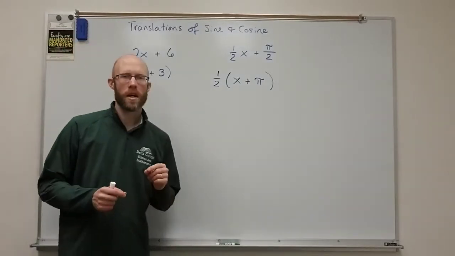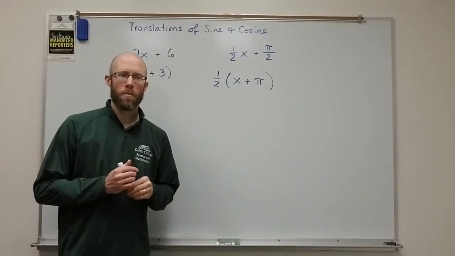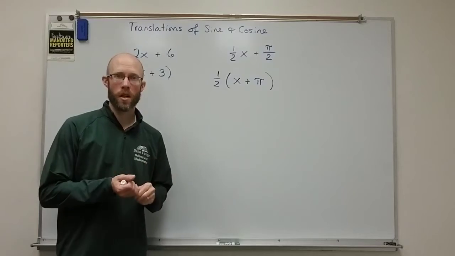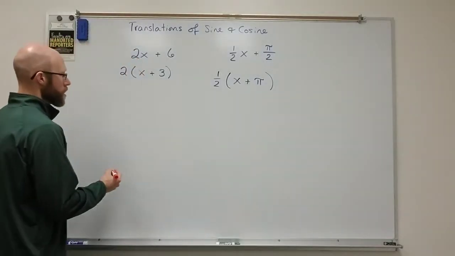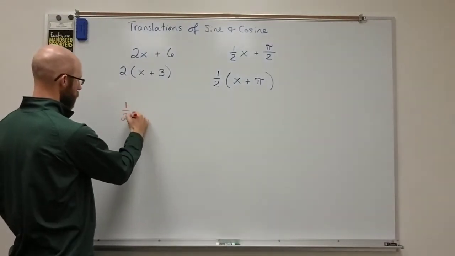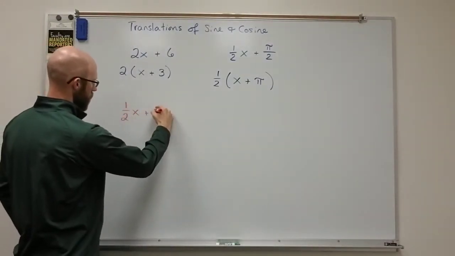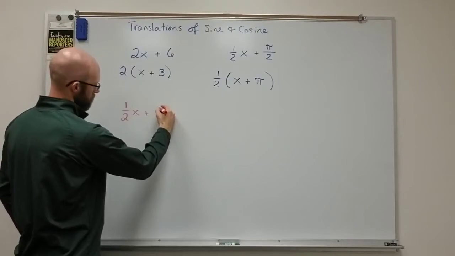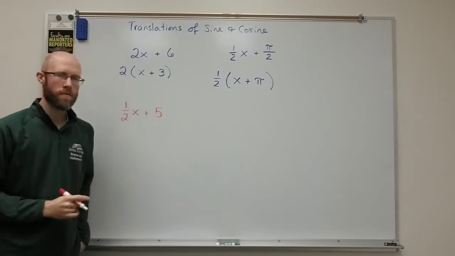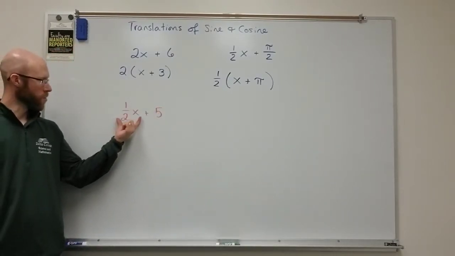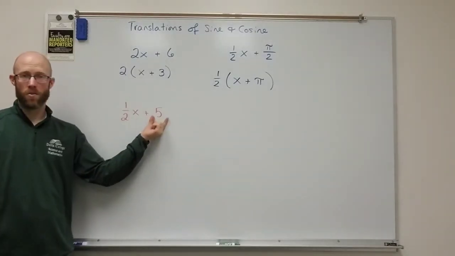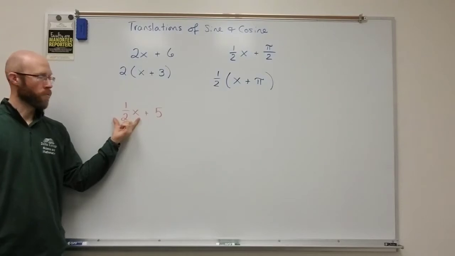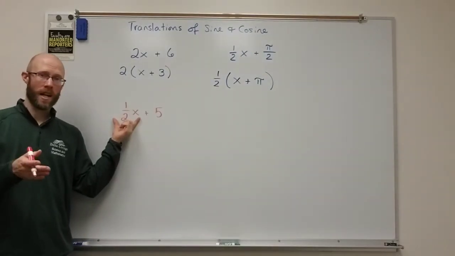But we can even make it a bit more tricky by pulling out things that aren't clearly in both terms. Give you an example, something like 1/2 x plus 5. Now, there's no visible factor in common. The 5 has factors of 1 and 5. 1/2 x has factors of 1/2 and x.